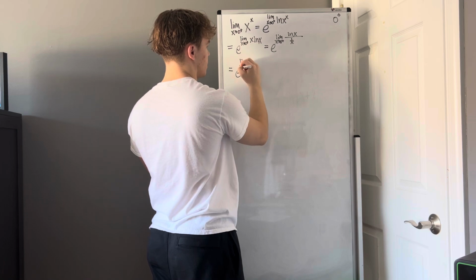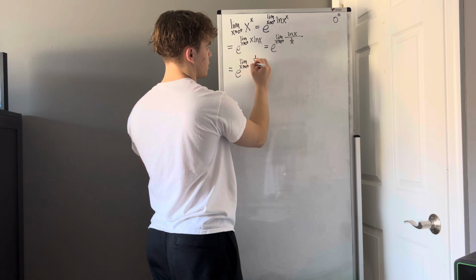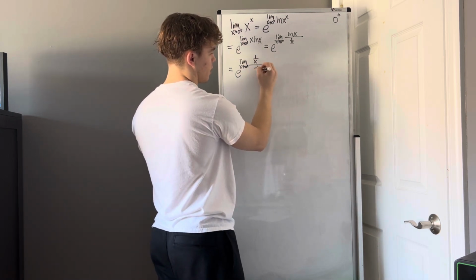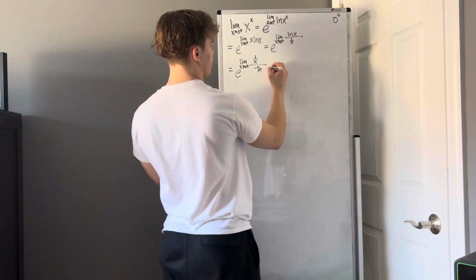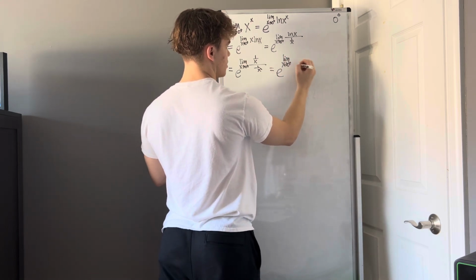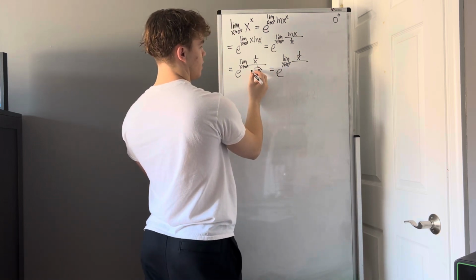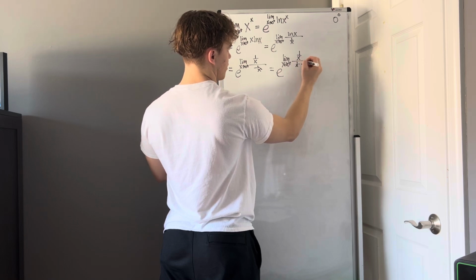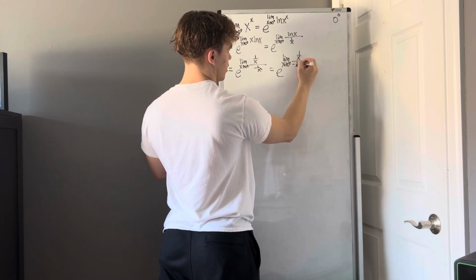e to the limit as x approaches 0 from the positive. Ln x goes to 1 over x. 1 over x goes to negative 1 over x squared. Well, let's just rewrite this to make it a bit more clear: e to the limit as x approaches 0 from the positive, 1 over x divided by negative 1 over x squared is just 1 over x times negative, or I'll put the negative in front of the first one, times another 1 over x.